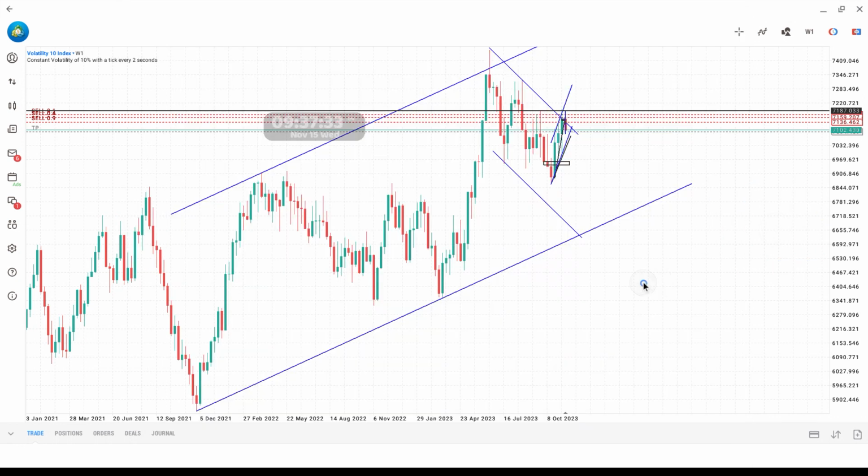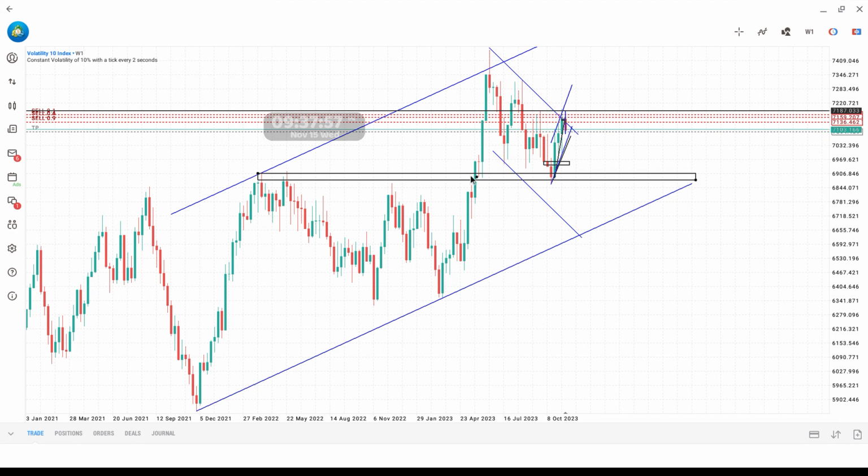So this is the weekly time frame. You can see that we have a low here, we have a higher high, and we have a higher low. So what next we have is a higher high. Right now price is already giving us that V10 is buying on a general trend.